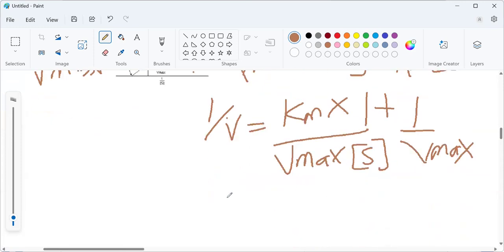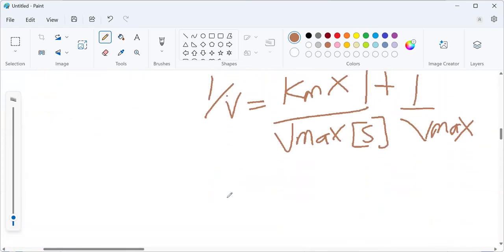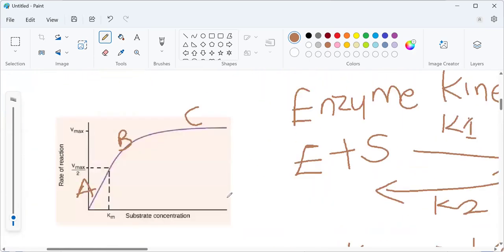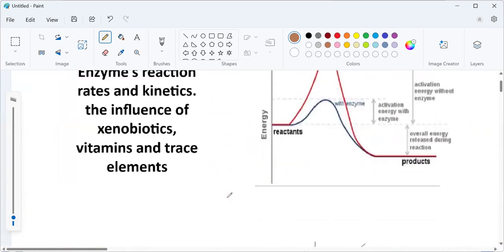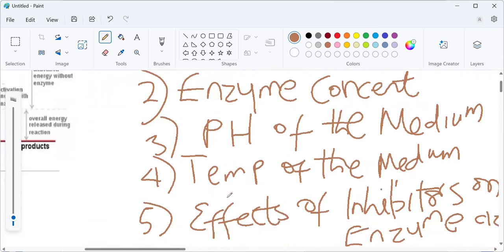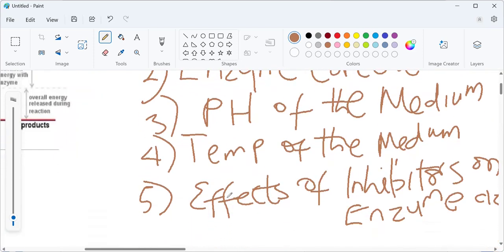If we look at the effect of temperature, the velocity of an enzyme reaction increases with an increase in temperature, up to a maximum, and then it declines.